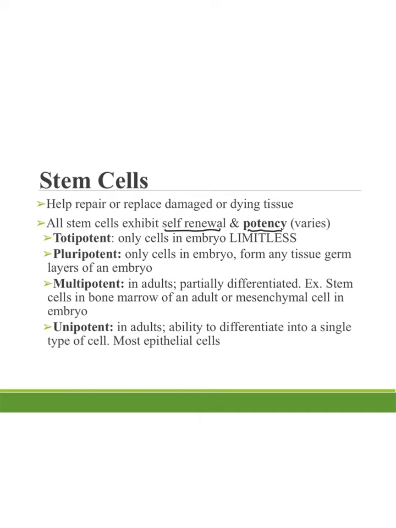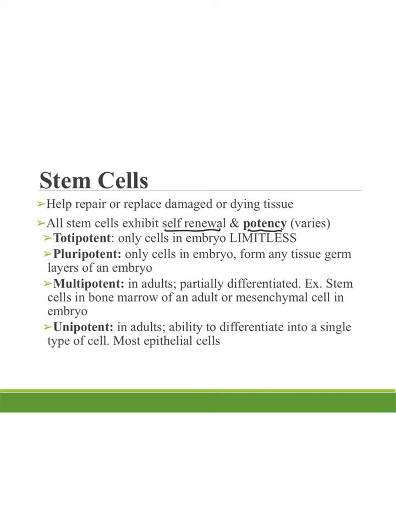Multipotent, we do see in adults, and of course we also see this in the embryo again. In adults, it's partially differentiated. That's what we have in the stem cells of the bone marrow. So essentially in the bone marrow, you have one cell that can become a red blood cell. It can also become several different types of white blood cells.